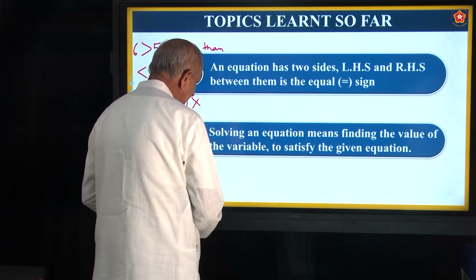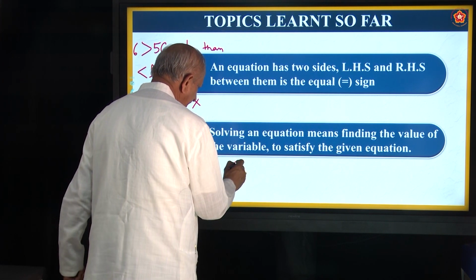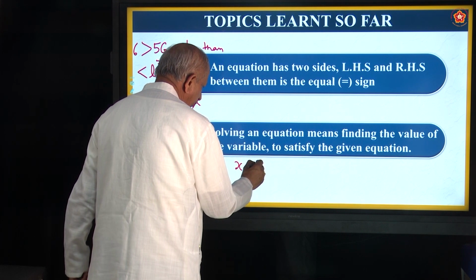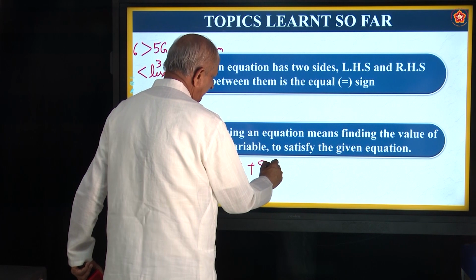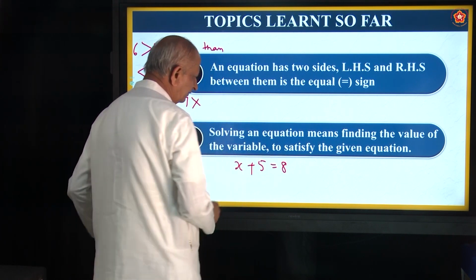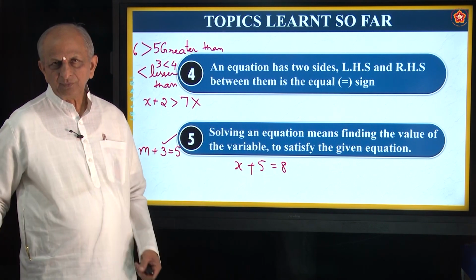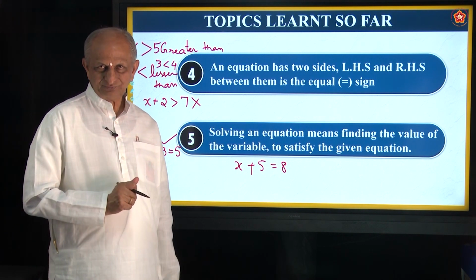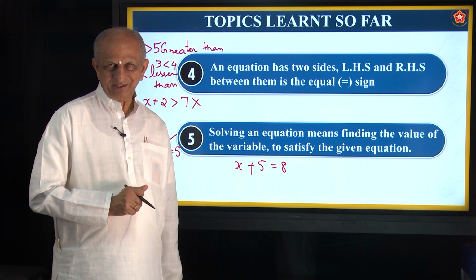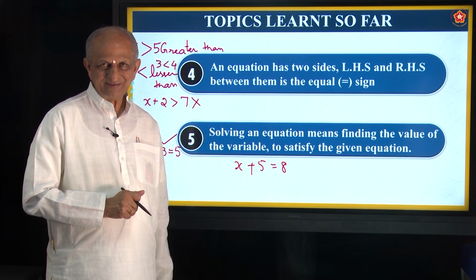Think of a number, we call it x. Add 5 to it. Adding means what? Plus. If it gives the value as 8, what is the number you thought? Can you tell me the value of the number?